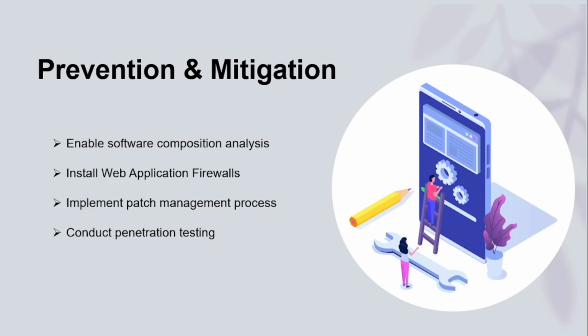Let's explore some of the most effective preventions and mitigations for this vulnerability. Enable software composition analysis. Software composition analysis is an automated process that analyzes open source packages incorporated into the software. With SCA, security experts can identify the risk and vulnerabilities associated with third-party components brought into a project.